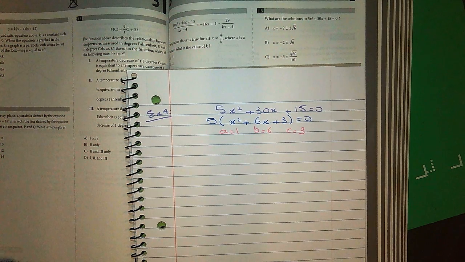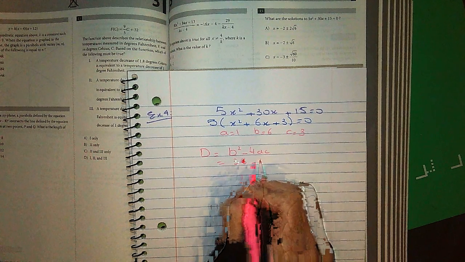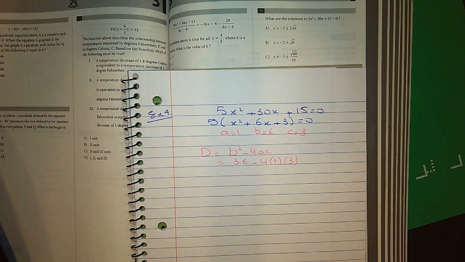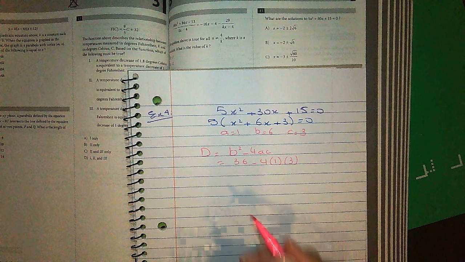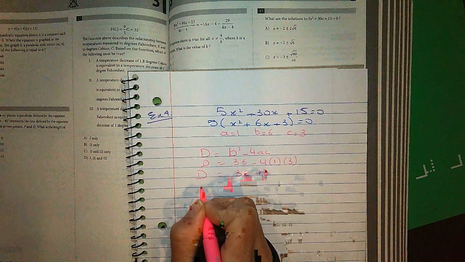So we're going to go ahead and do the discriminant, which is b squared minus 4ac, 36 minus 4 times 1 times 3, and that would be d is 36 minus 12, which is 24.